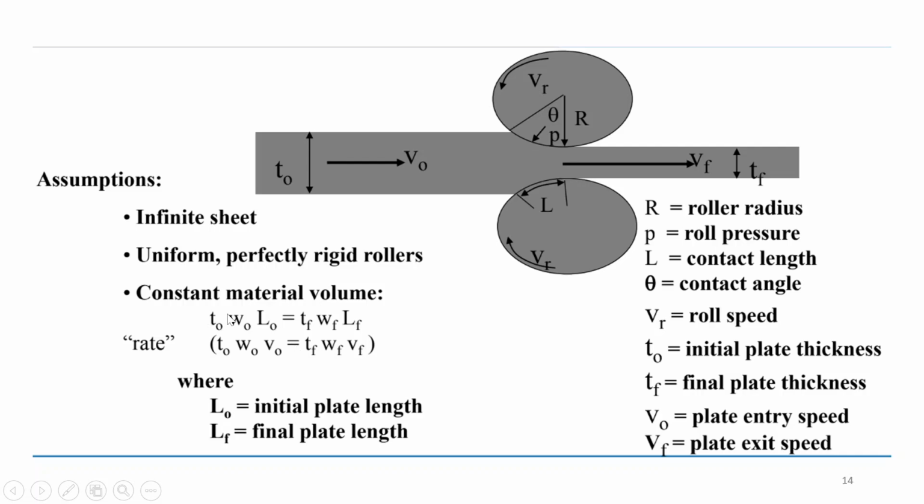So initial thickness, initial width and initial length will be equal to final thickness, final width and final length. Now this length can be changed into the rate as well. So V will be the velocity, plate entry speed, and Vf will be the plate exit speed. Other parameters are also given here, which are roll speed, contact angle, contact length, roll pressure and roller radius.